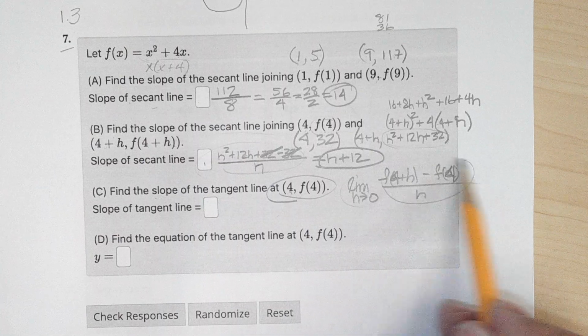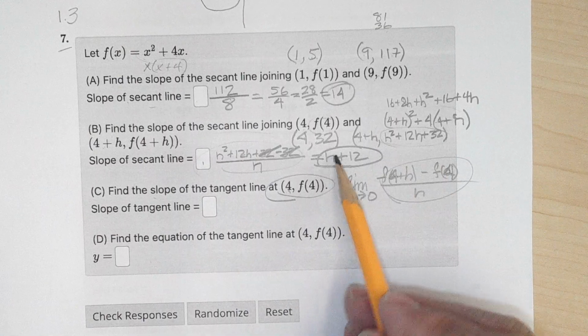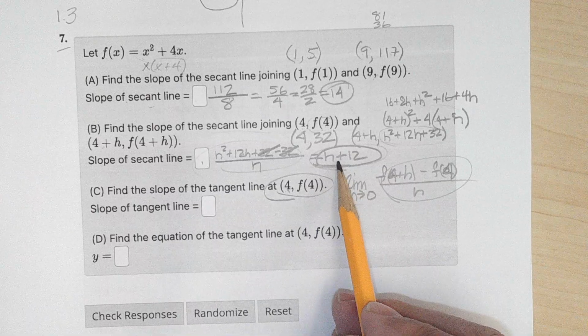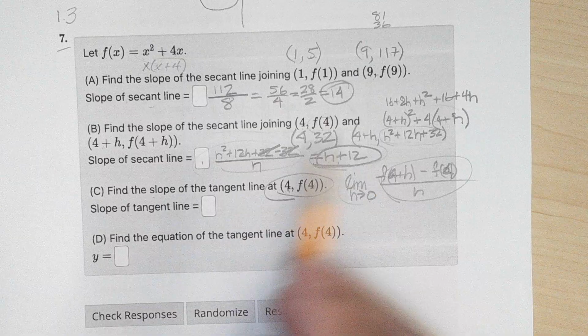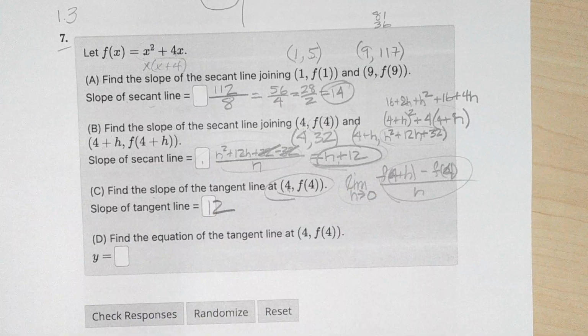So this is what we did up here, and we got this. What's this go to when h goes to 0? Well, h gets close to 0, this becomes just 12.